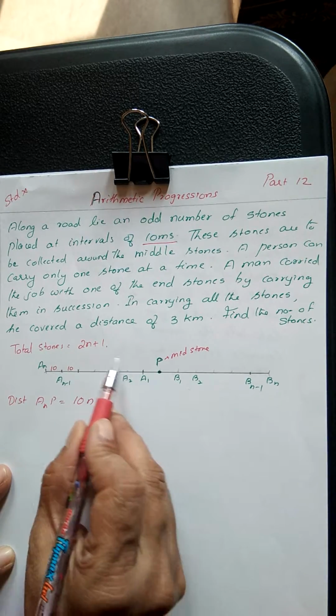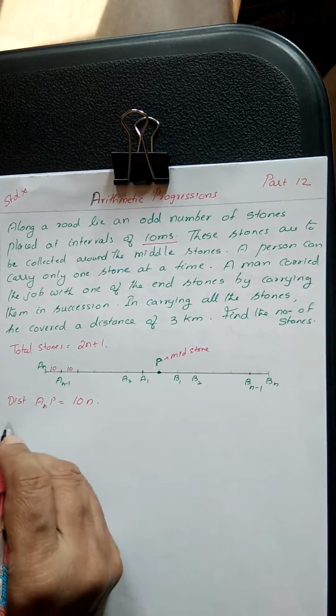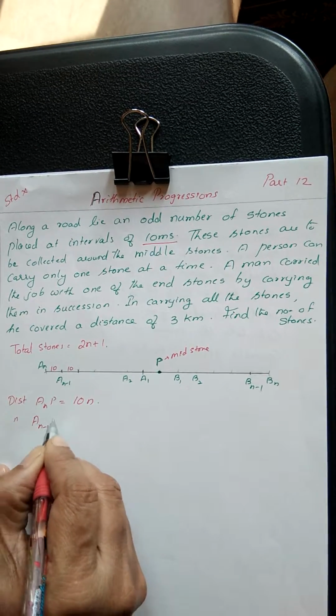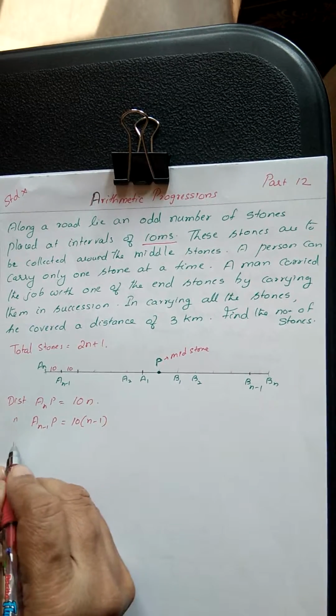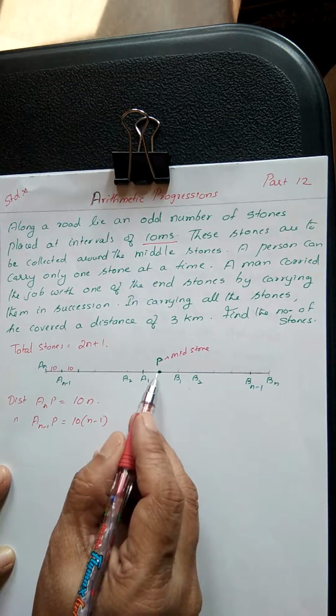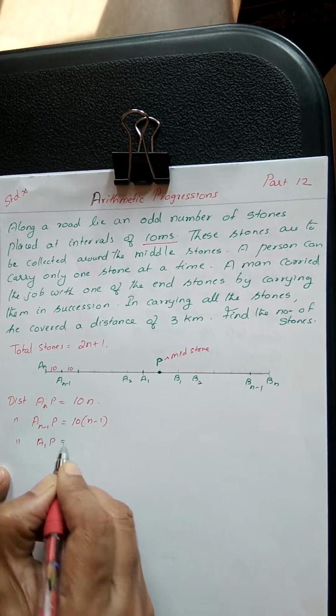Similarly, then he will come back to A1. So from A n minus 1 to P will be 10 into n minus 1, and so on. And the last distance A1P will be 10.